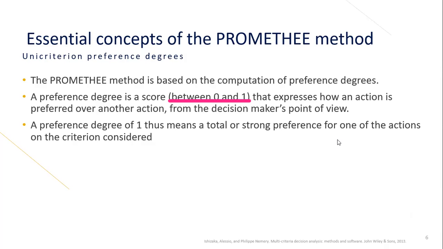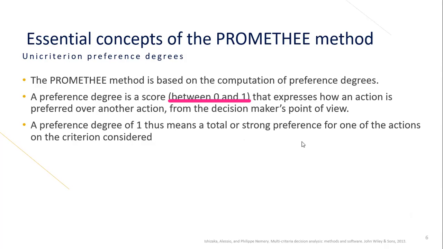We compare one alternative, let's say economic car, compared to luxury car. Based on their price, you will give a score from 0 to 1 using rules that we will define later, and we call this score a preference degree.